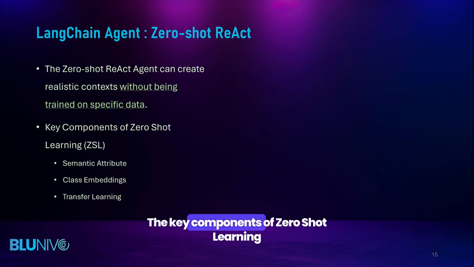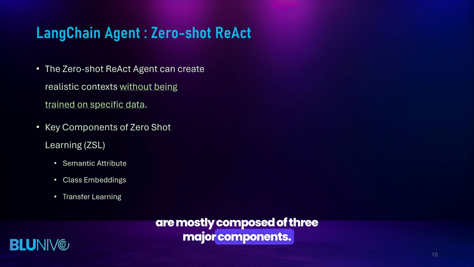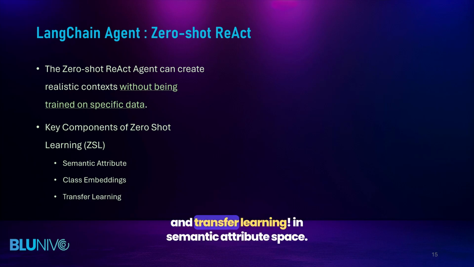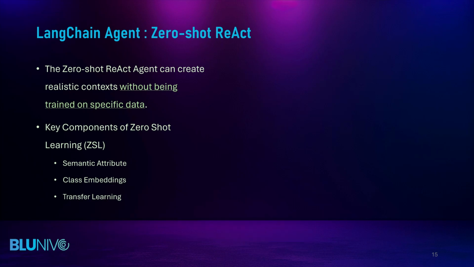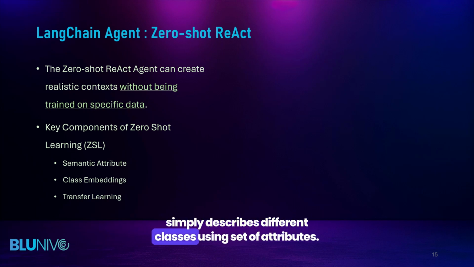The key components of zero-shot learning are mostly composed of three major components. We have semantic attribute space, class embedding, and transfer learning. In semantic attribute space, this is like a big conceptual map that simply describes different classes using a set of attributes.